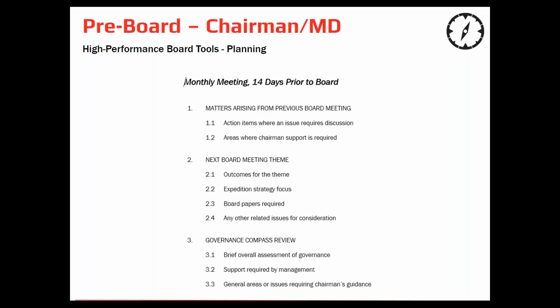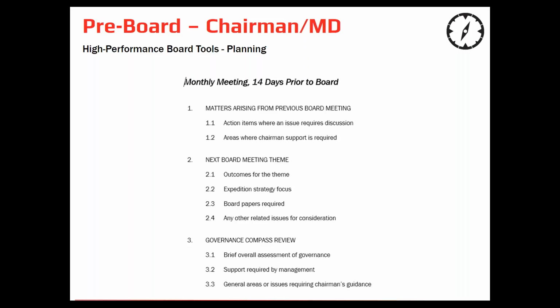Second part is looking at the board meeting theme, looking at what are the specific outcomes for the theme, what should be the expedition strategy focus, which is a tool we'll talk about in a later session, what board papers are required, and are there any other relevant or related issues that should be considered. And then the third aspect of this meeting is a governance compass review. So a brief overall assessment of governance, the different 8 dimensions, what support is required by management.